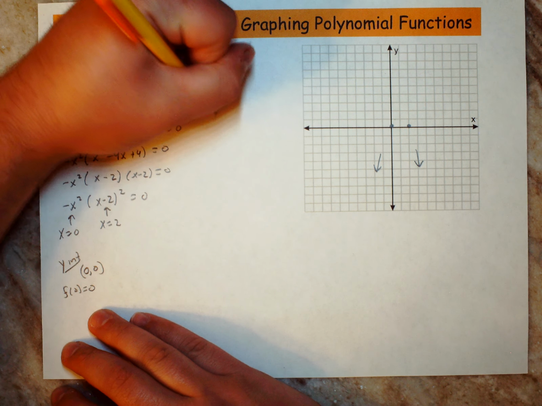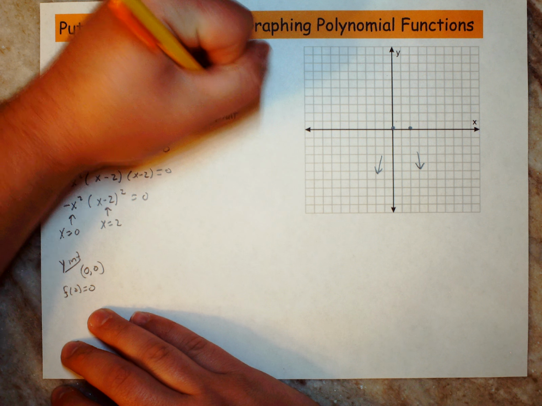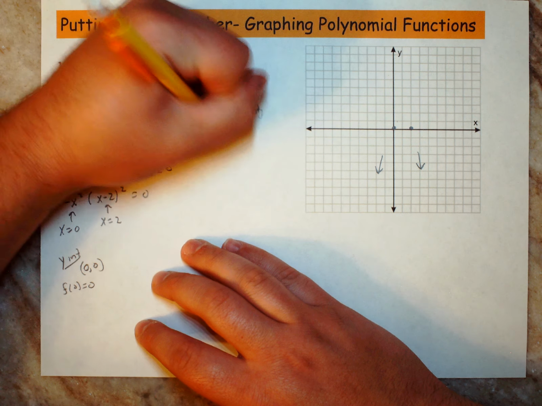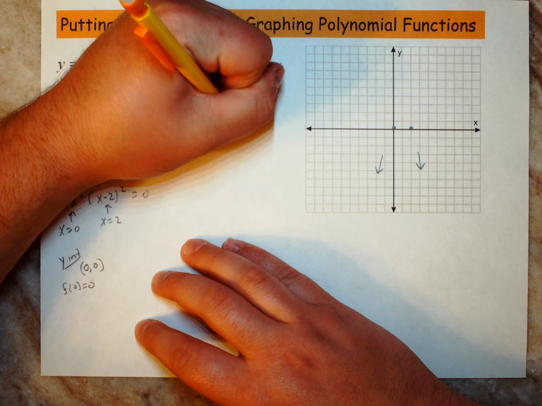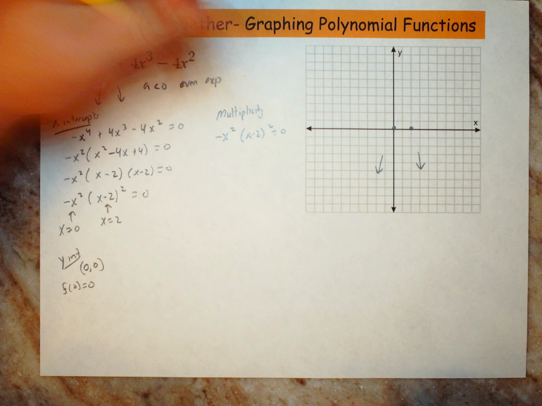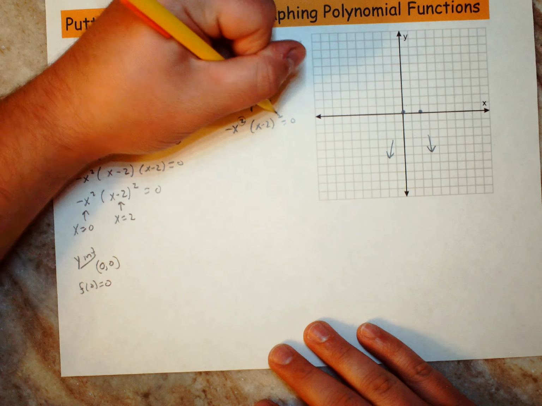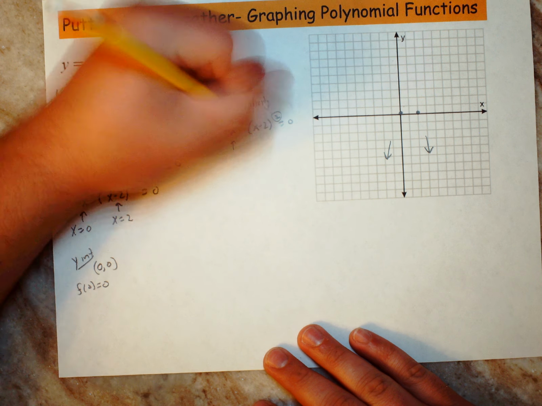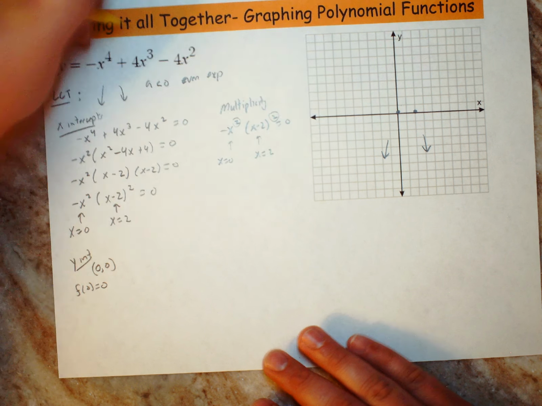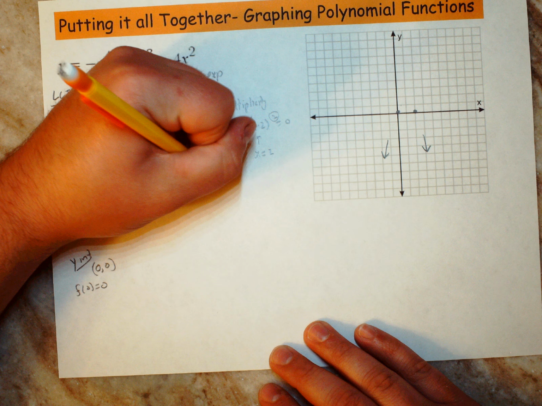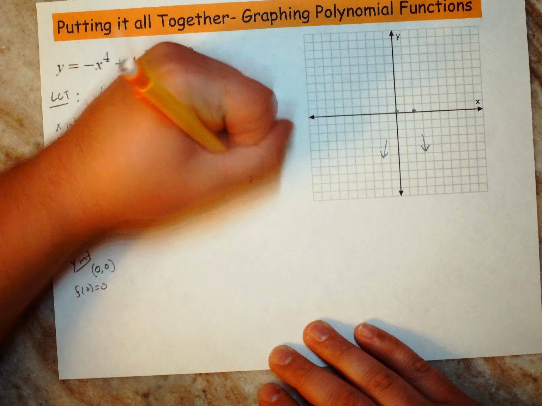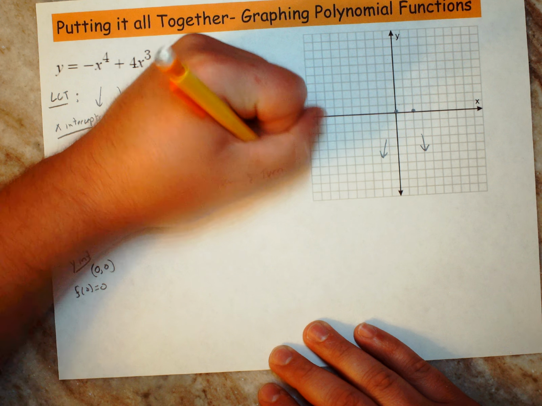Now let's look at the multiplicities. So if you look at the roots, -x squared and x minus 2 squared equals 0. They both have a multiplicity of 2. So they are going to both touch and turn.